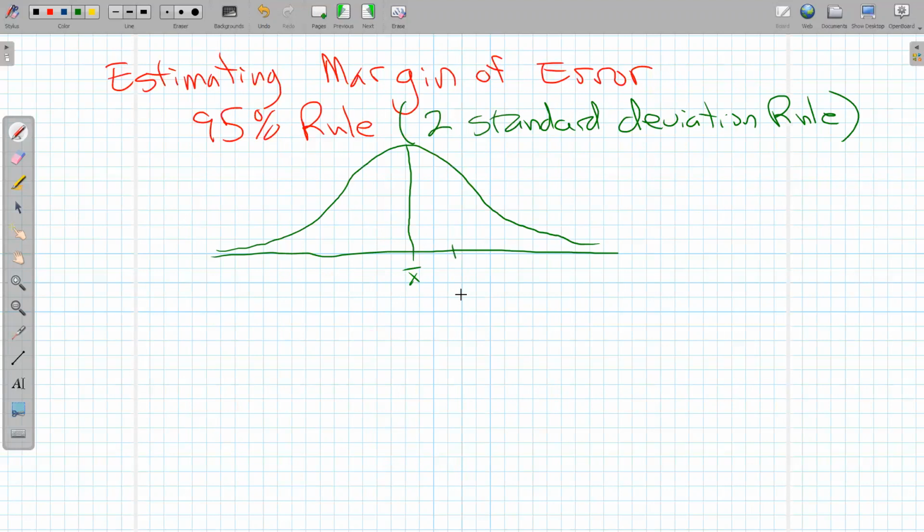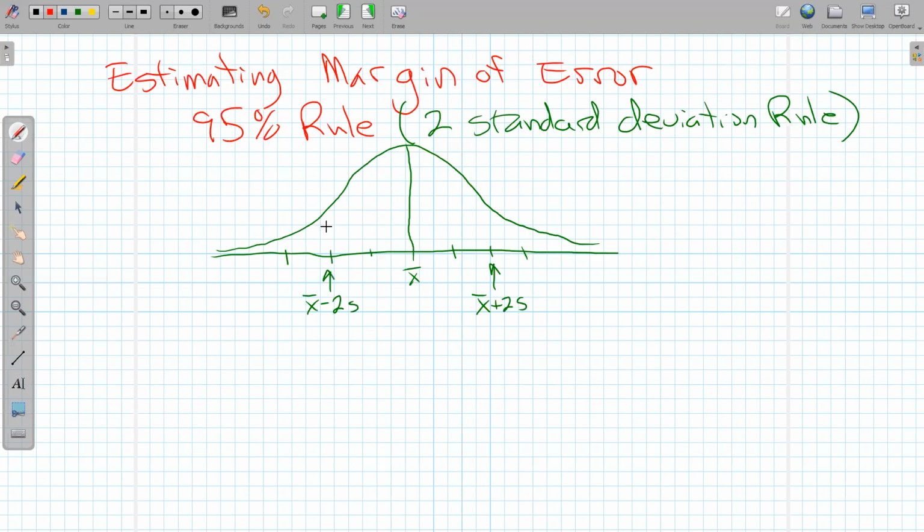And so let's say that's 1, 2, 3 standard deviations to the right, and then let's go out 1, 2, 3 standard deviations to the left. So this one right here would be X bar plus 2 standard deviations. And this one over here, I have to go back 1, 2 standard deviations, so that number right there would be X bar minus 2 standard deviations.